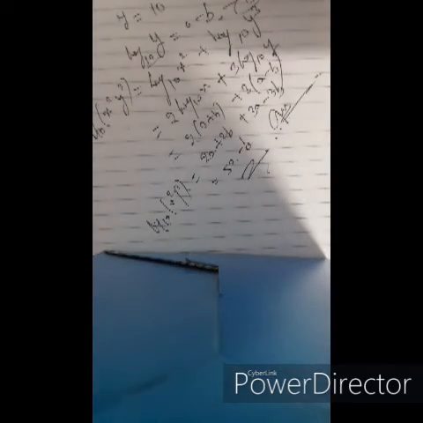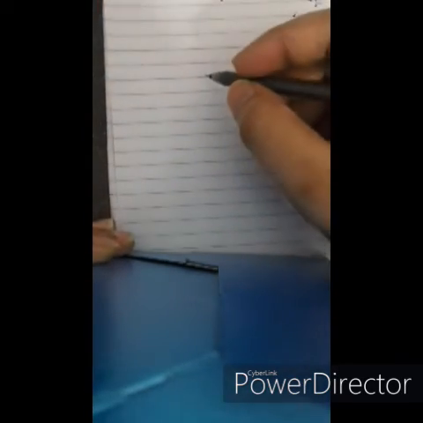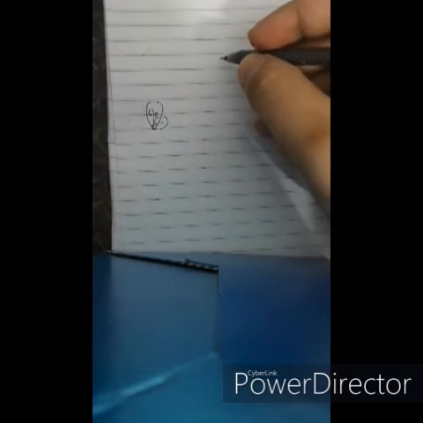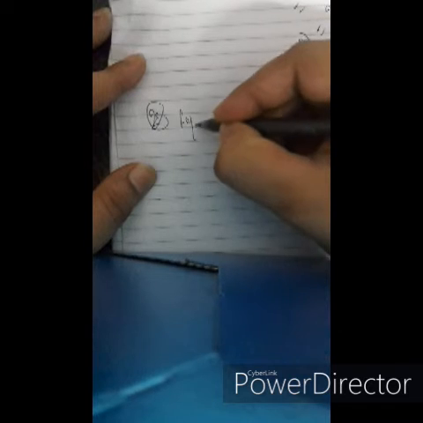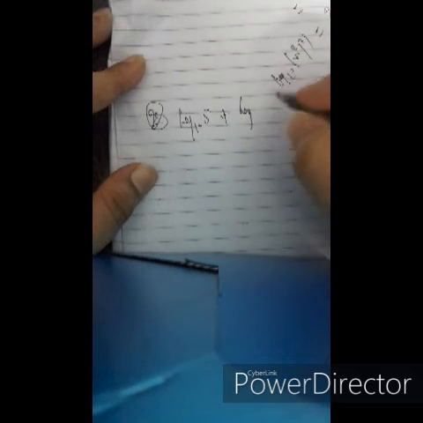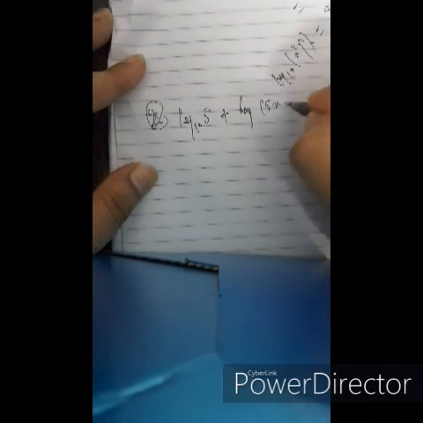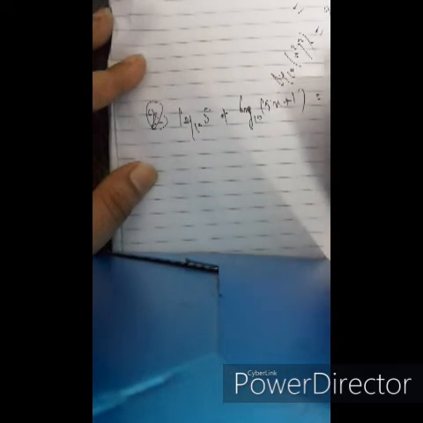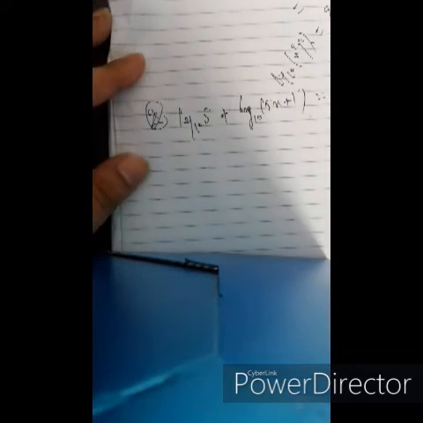Now taking another problem. The last one, let's check. The last one: log 5 to the base 10 plus log 5x plus 1 to the base 10 equals log x plus 5 to the base 10 plus 1.